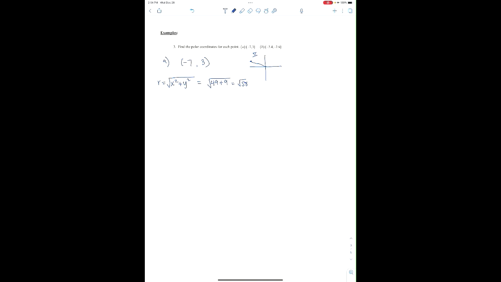So to find theta, what I'm going to start with is tangent of theta is y over x. And what this means is if I'm looking for theta, that's going to be tangent inverse of y over x. Now, tangent inverse is going to have us between negative pi over 2 and pi over 2. But that's in quadrant 1.